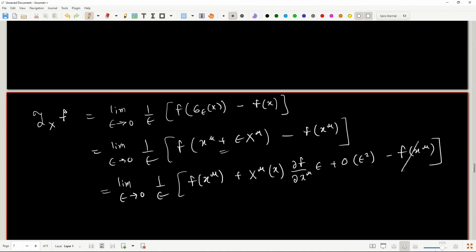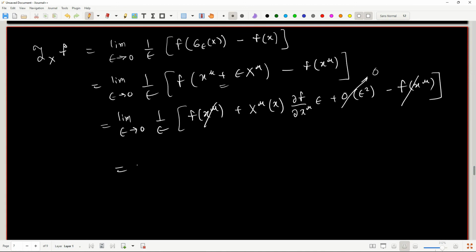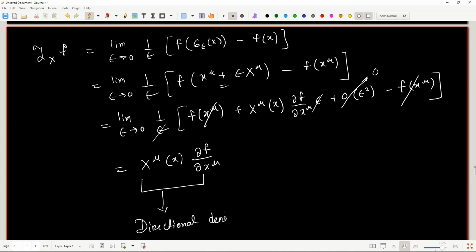These two cancel each other out. Higher order terms go to 0 when I multiply with the 1 by epsilon factor. So the limit goes away and I'm left with this term only. But this is just the directional derivative. So when you apply this Lie derivative onto scalar functions, you get the directional derivative.